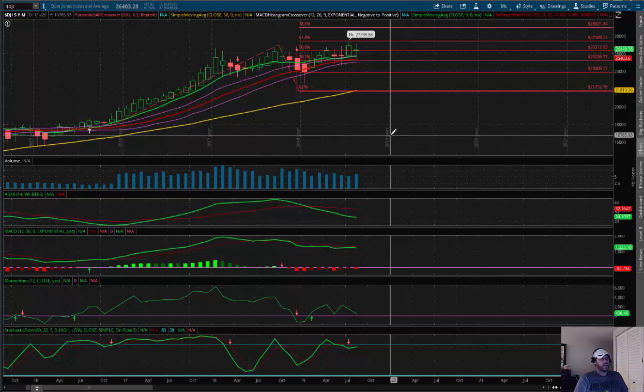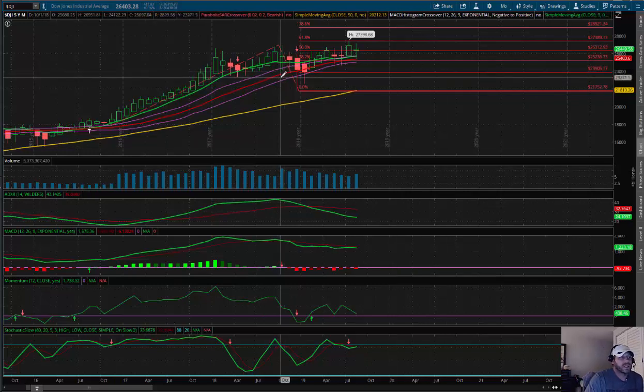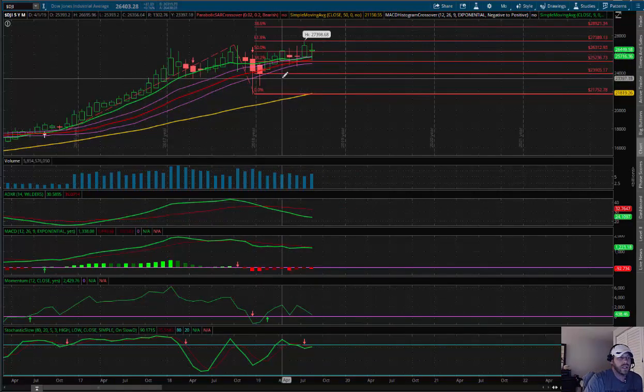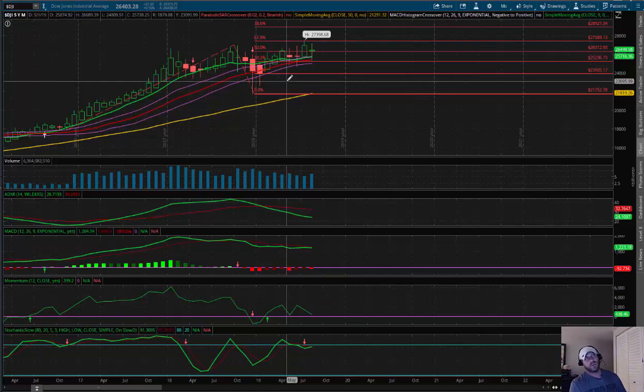And to be honest, most of the stuff I do is based around people that have small accounts, because that's why I use the daily charts and the weekly charts, because it allows you to invest $100 or $200 and still get a good momentum run. That's why this is momentum trading, and get good returns on a small dollar amount that helps you build your account faster with a lower risk.